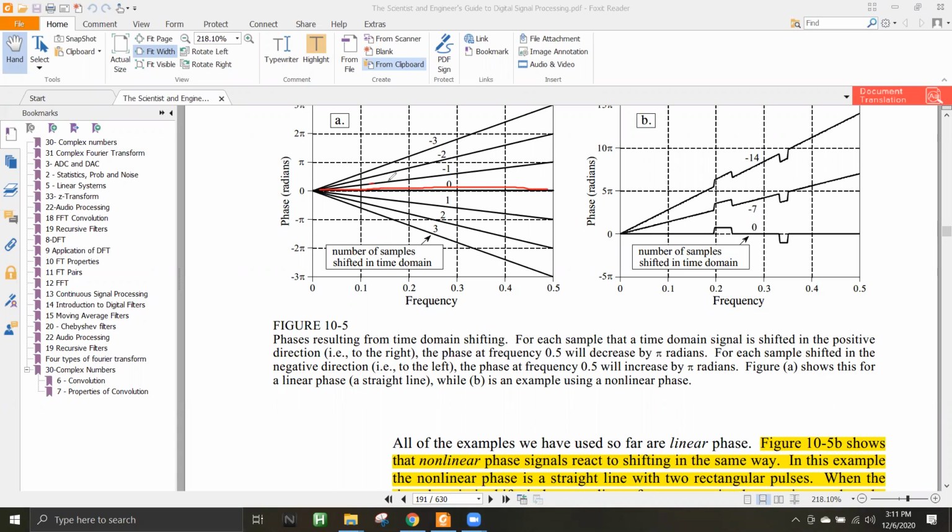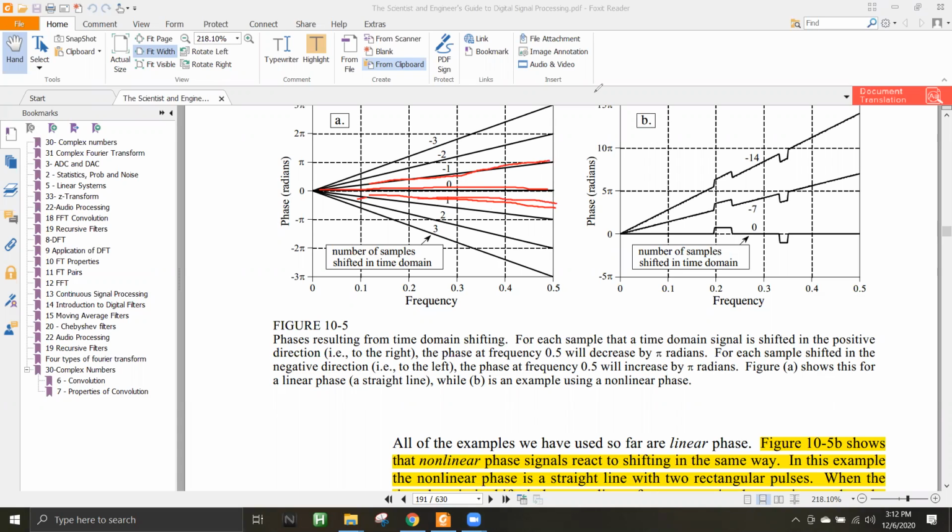The other ones must have been symmetrical, but shifted, not around sample zero. One is shifted to the left, and this one is shifted to the right. Originally, whatever the signal was, it was symmetrical around sample zero, but now it is shifted to the right.